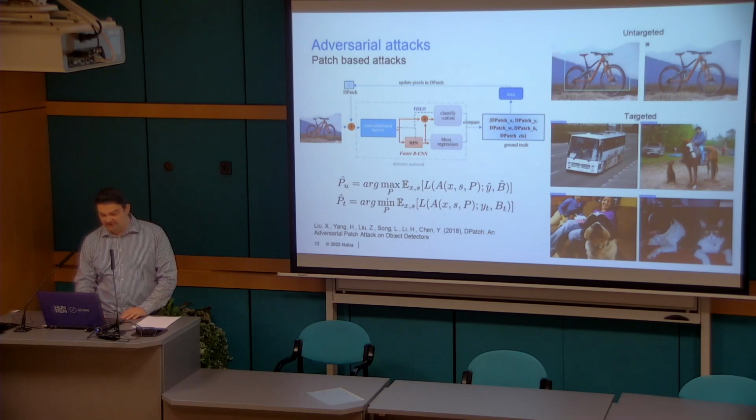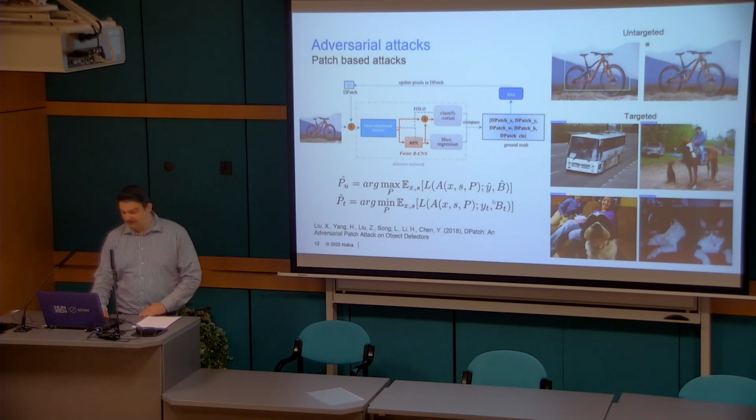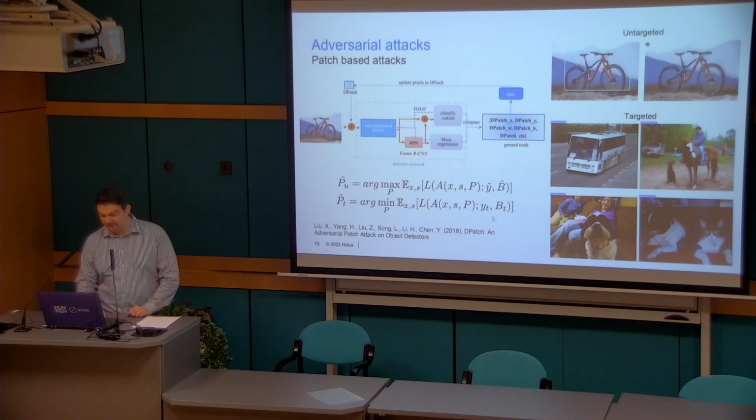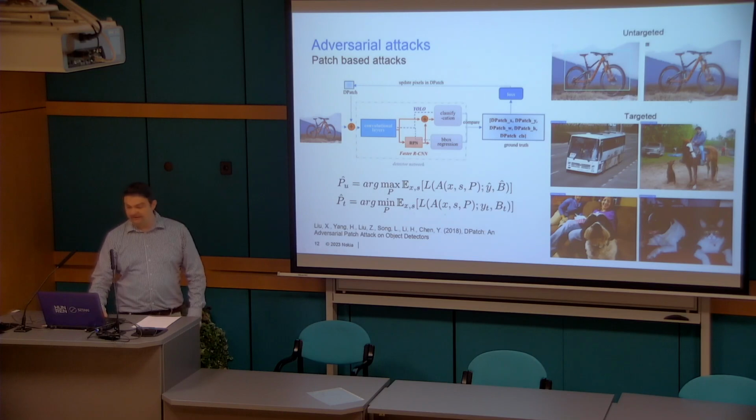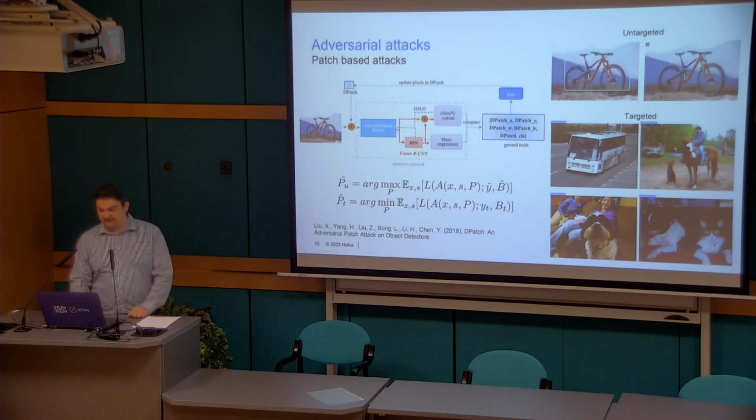In case of targeted training, we say that, okay, here is this patch, we want to modify it just to have a new category that I define and a new bounding box, which is typically this patch. So here on the right, what you can see is that the detector was working fine if we didn't put any other information on the image.